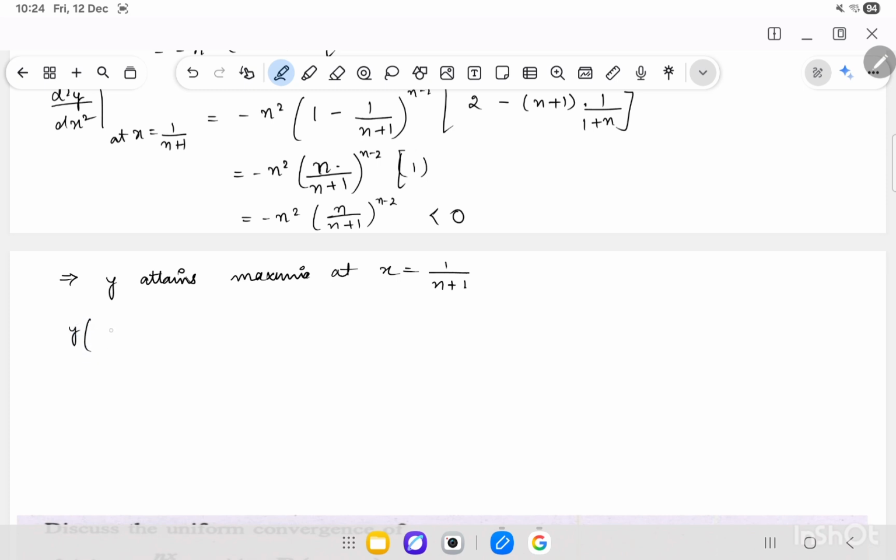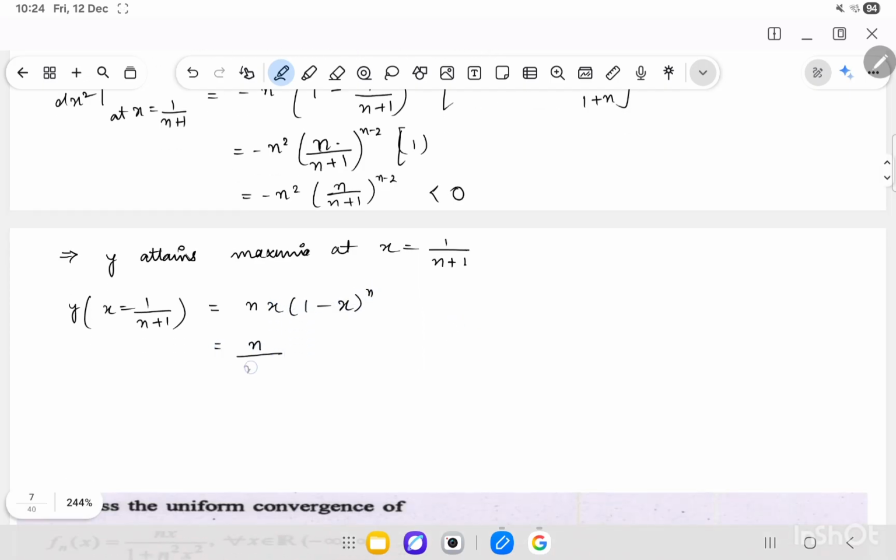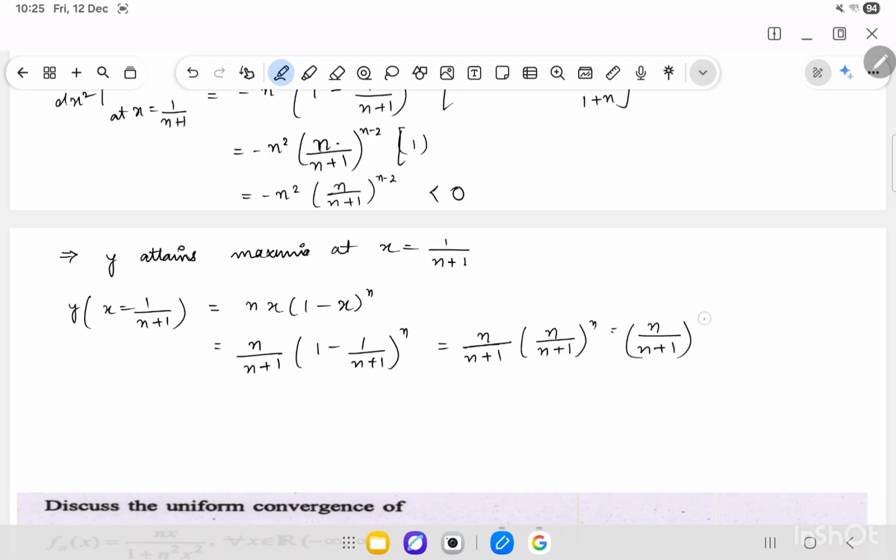Y at x equals 1 divided by n plus 1 will be equal to, our y was basically n times x into (1 minus x) raised to n, so it will be equal to n divided by n plus 1 times (1 minus 1 by n plus 1) raised to n, which will be equal to n divided by n plus 1 and (n divided by n plus 1) raised to n, which is equal to (n divided by n plus 1) raised to n plus 1.